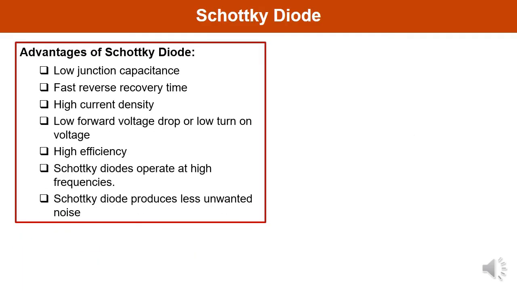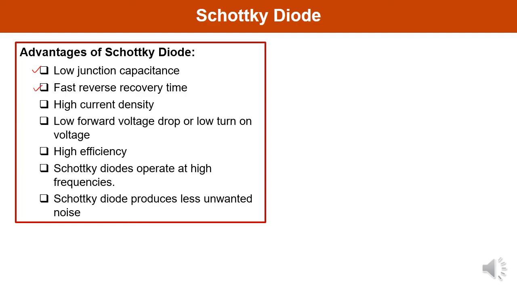What are the advantages of the Schottky diode? There are certain factors which are very important in this particular case. First is the low junction capacitance. What do you mean by this? See, you have observed that there is a metal semiconductor junction, and stored charge on the depletion region is negligible. That is why low junction capacitance.